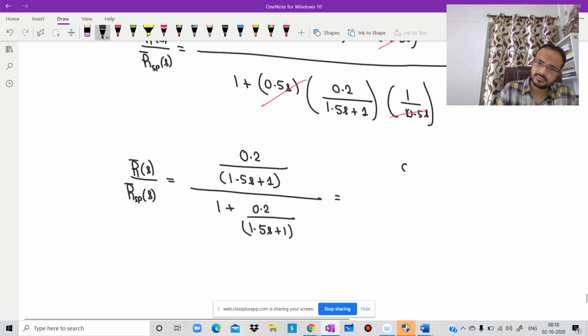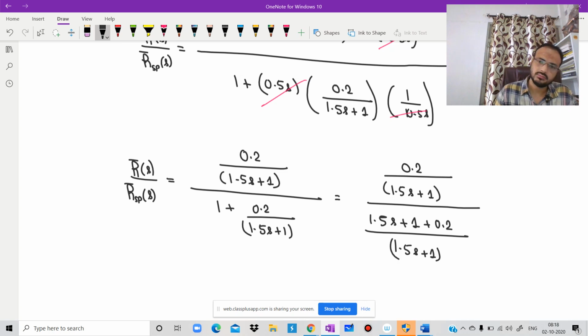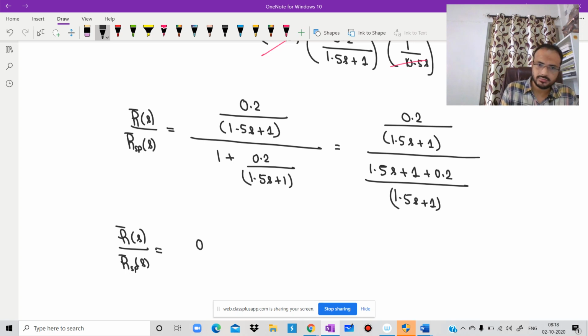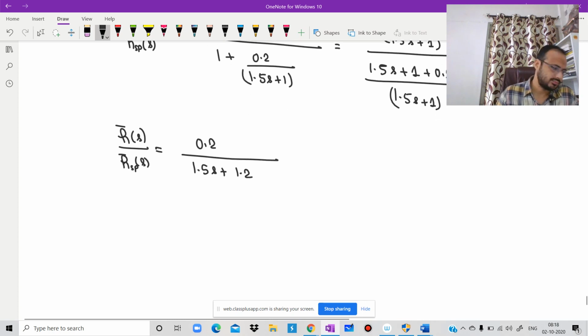Or you will get 0.2 divided by 1.5 s plus 1, 1.5 s plus 1 plus 0.2 divided by 1.5 s plus 1. H bar of s divided by h set point bar of s is equal to 0.2 divided by 1.5 s plus 1.2. I hope up to this point there should be no doubt.